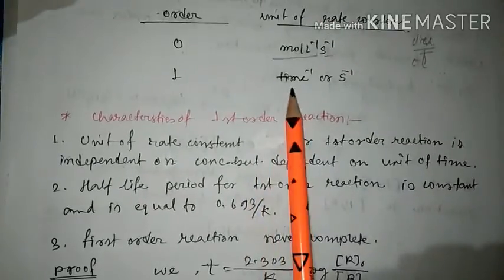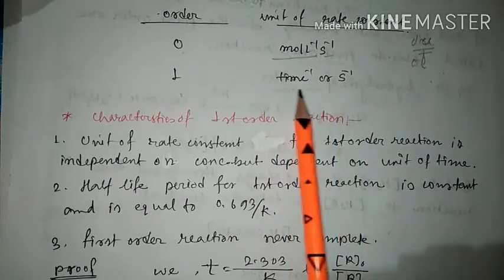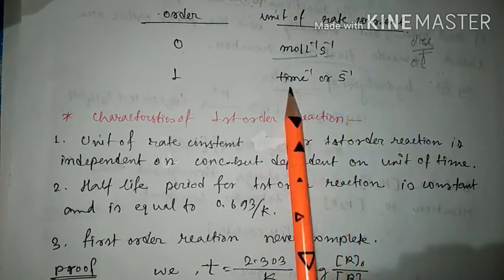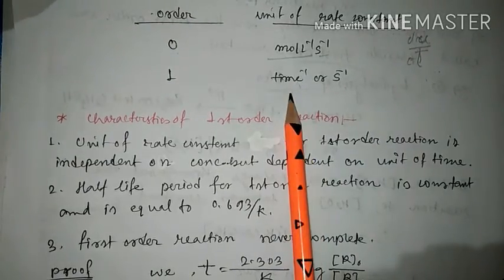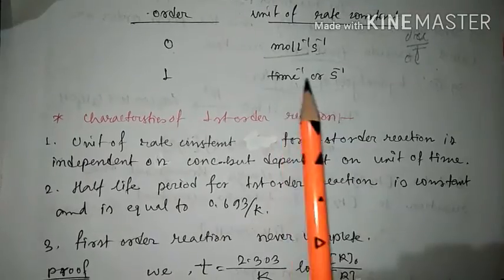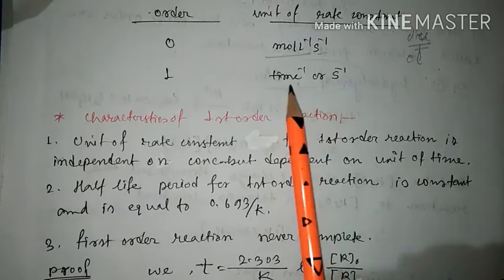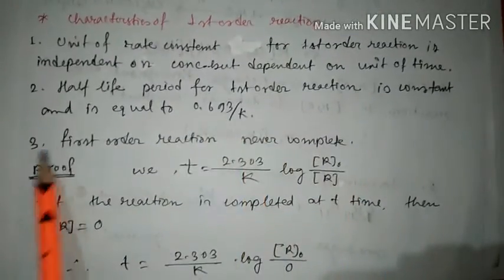If you see the unit of rate constant, it is independent of any concentration. That means there is no concept of concentrations, only time. The unit of rate constant for first order reactions is independent of concentration but dependent on time.